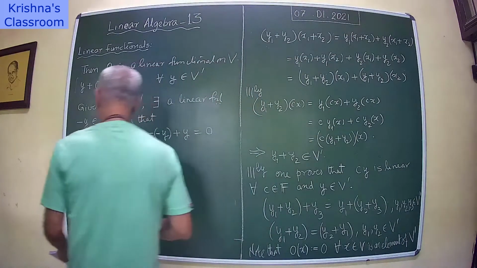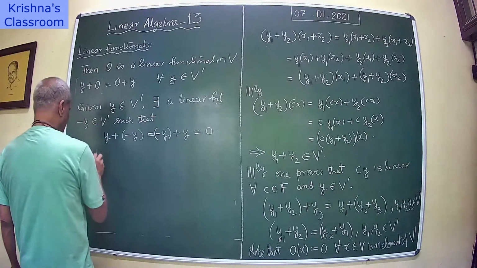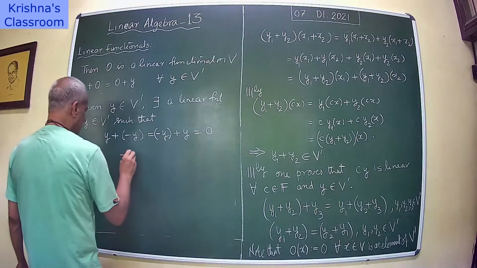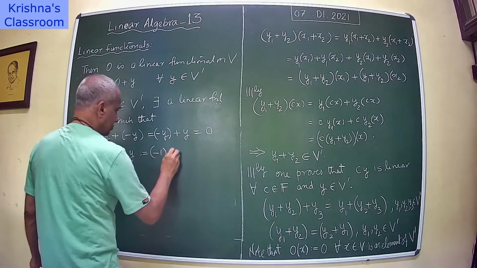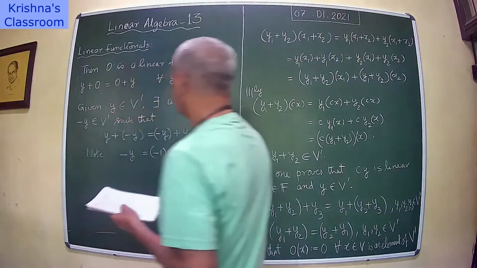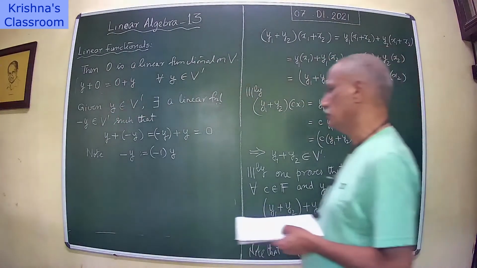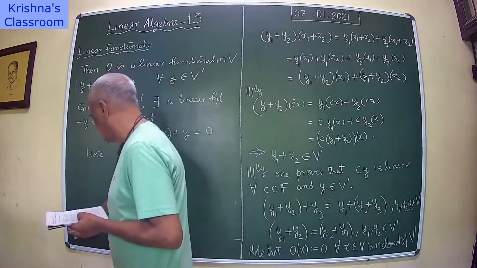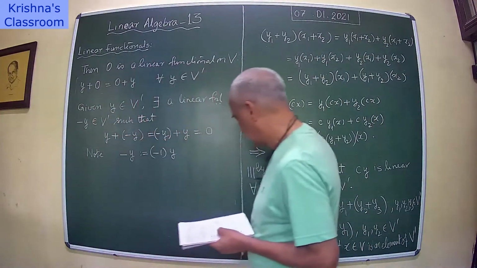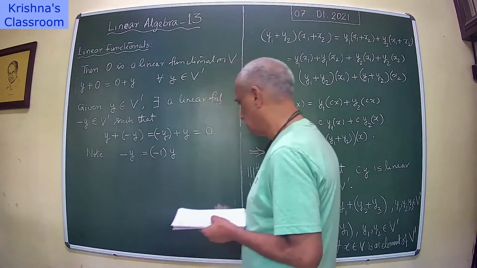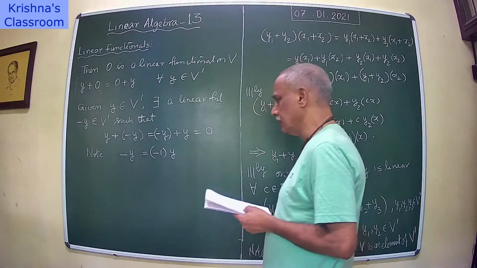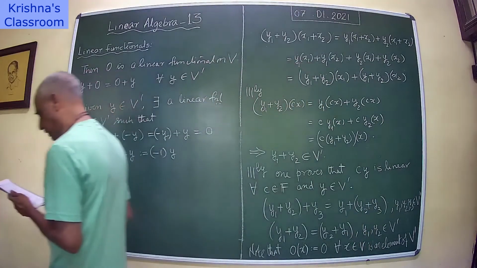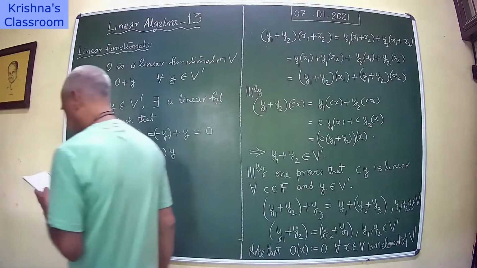Note minus y is defined as minus 1 into y, where minus 1 belongs to the field. That is the additive inverse of the multiplicative identity 1, whatever that may be.